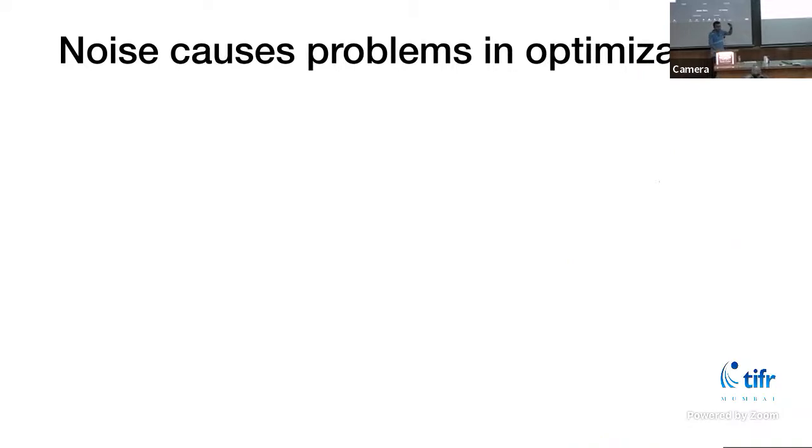Let me briefly segue into something that these near-term devices can do, besides just sampling from these very non-trivial distributions. These can potentially be harnessed to solve some optimization problems.